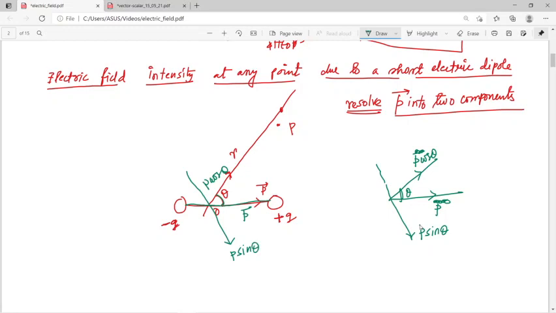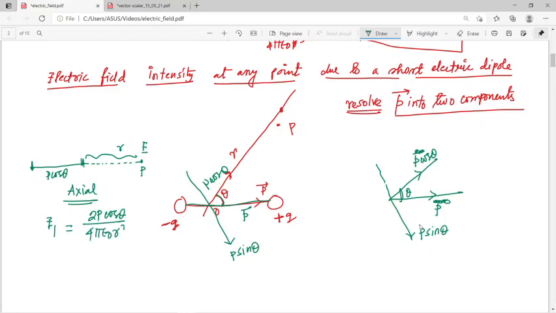Now you see, this p cos theta is the dipole, and you are finding the electric field at point P. The dipole is now p cos theta instead of p, and this is the axial position. So the electric field there, say E1, is 2p cos theta by 4 pi epsilon naught r cube. Is it okay?